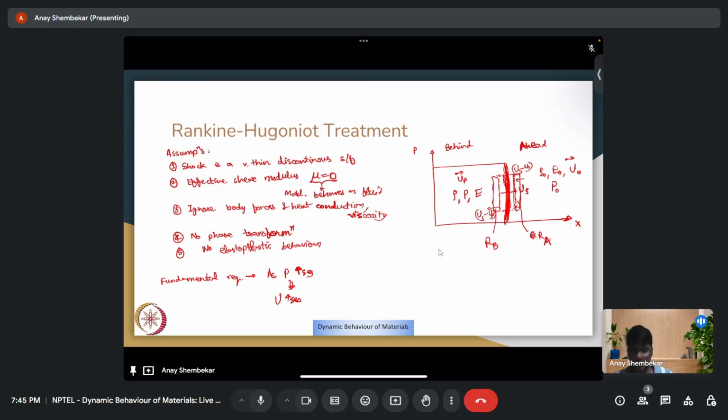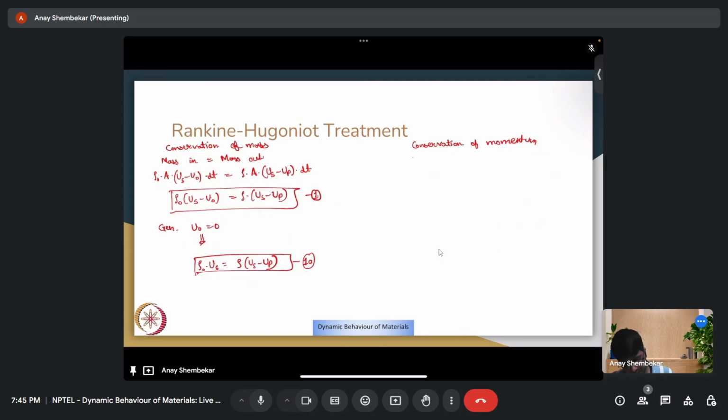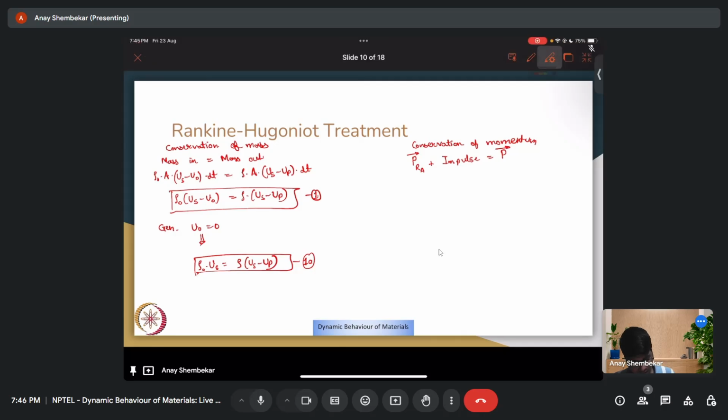Region ahead had some momentum, so momentum of region ahead plus the impulse that was provided gives me the momentum of the region behind. I'm writing this as a vector so as to avoid any confusion with pressure.